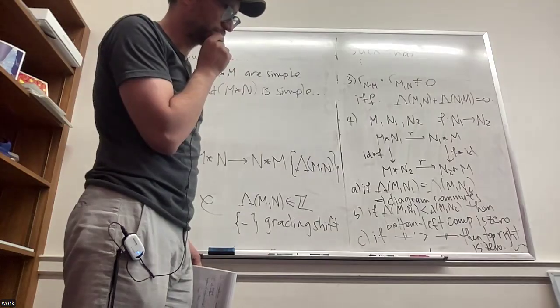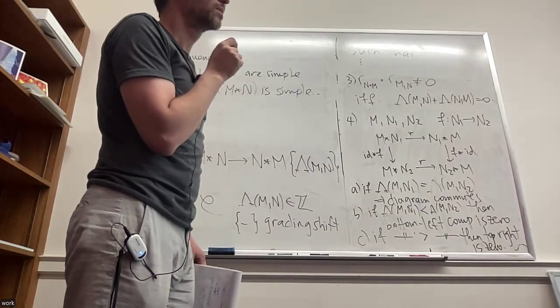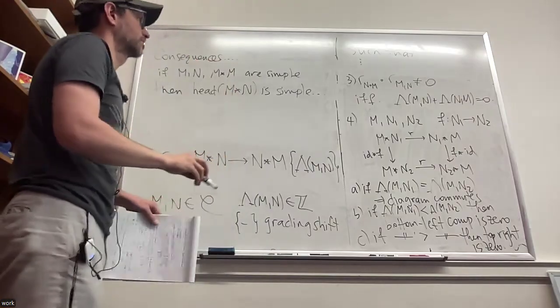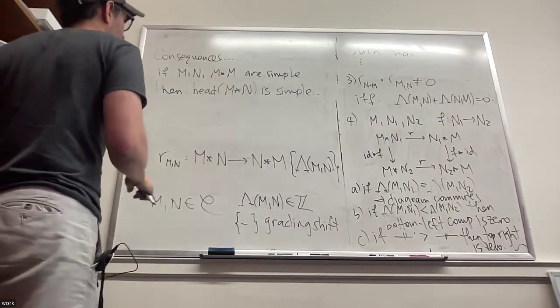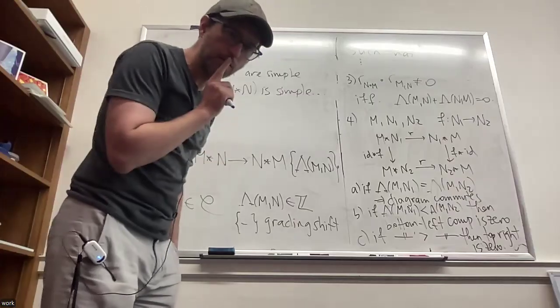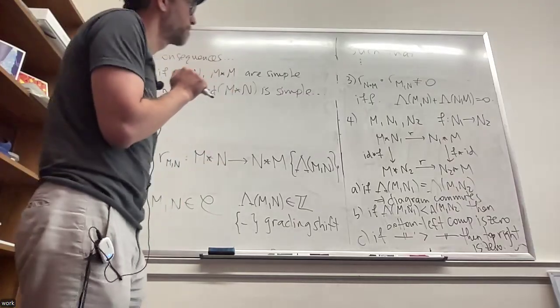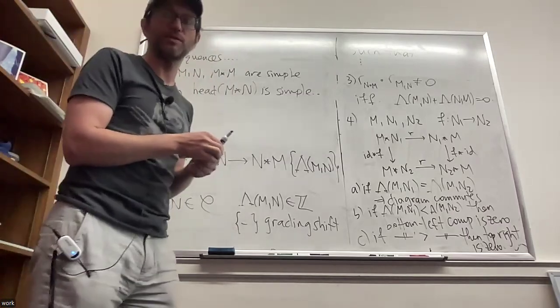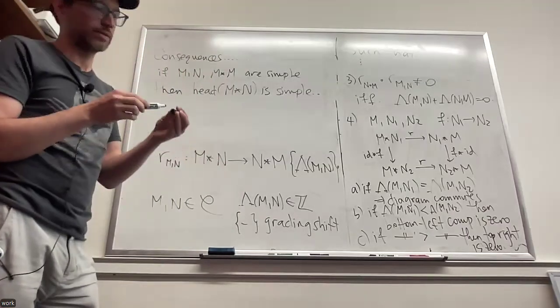You mentioned quantum groups. What does that mean if, for example, lambda of M, N is equal to 0 for all M and N? Then the category would be semi-simple.